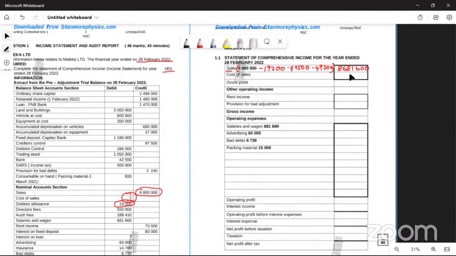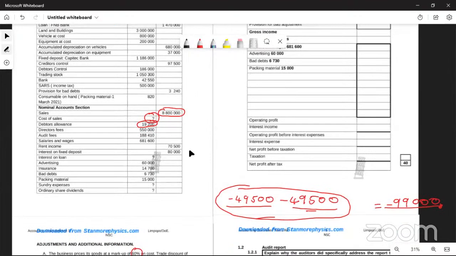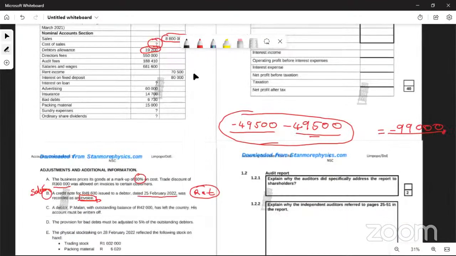Before we use a markup, we need to first use those sales, because we are looking for the cost of sales. Before we use a markup, we need to add back the what? Okay, let's see. It's 8,800,000.